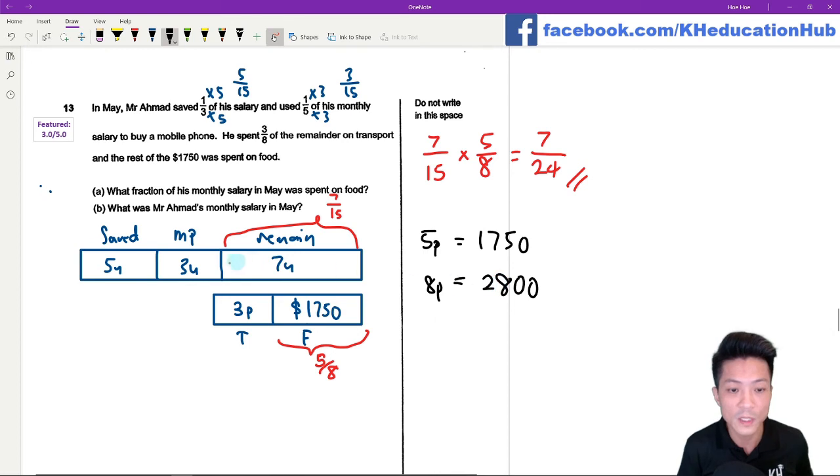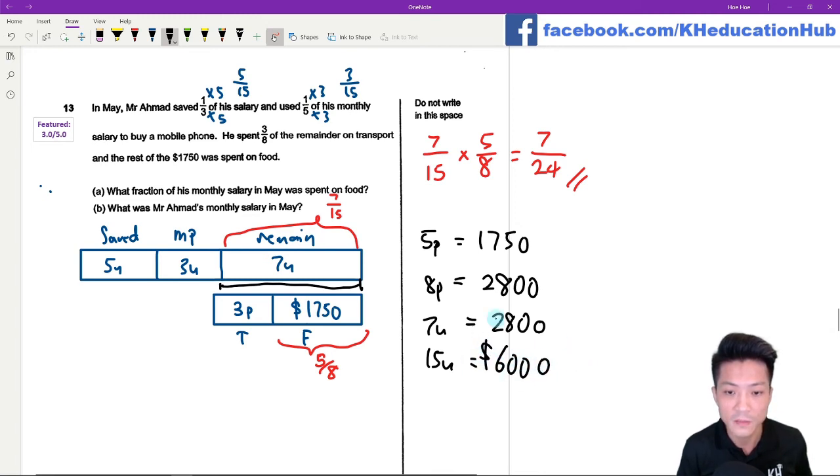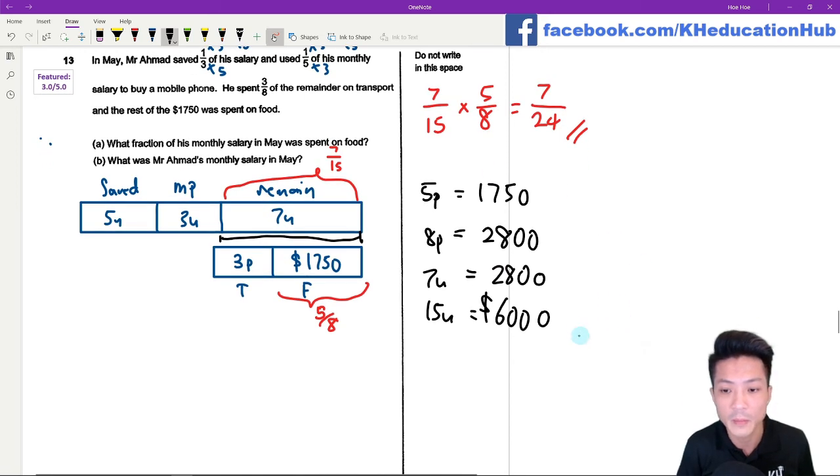So this 2,800 is here, which is 7 units. 7 units is equal to 2800. So we're going to find what is 1 unit and find what is 15 units. 2800 divided by 7 multiplied by 15 is going to give me 6000. Okay, so this is the answer for part B.